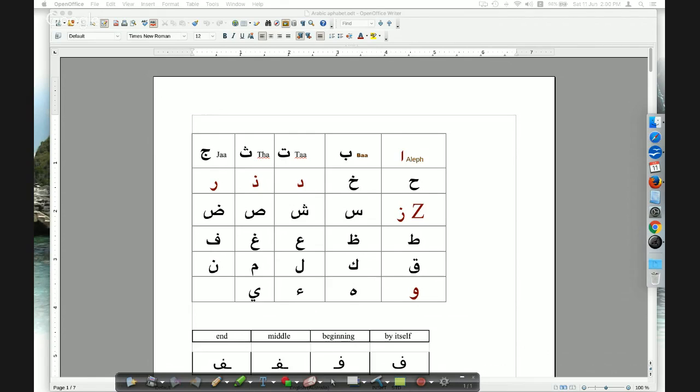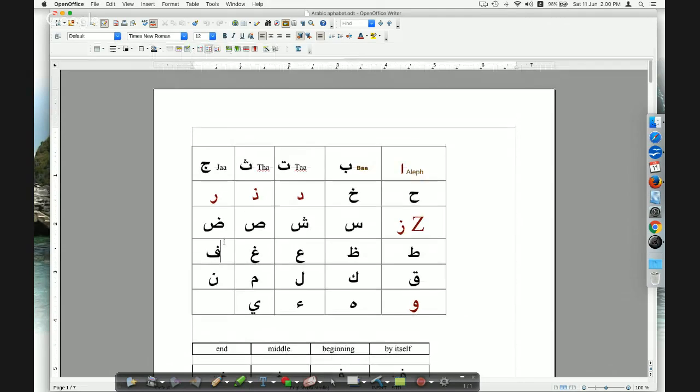Now in the previous class we took most of the alphabet, as we see in front of us, and what is left is simply letter fa and qa. Today we are going to take the rest of the alphabet, all the letters which we did not take before. So I hope you are practicing.